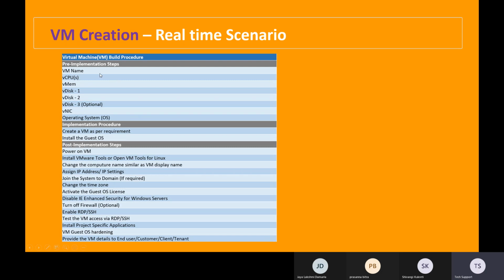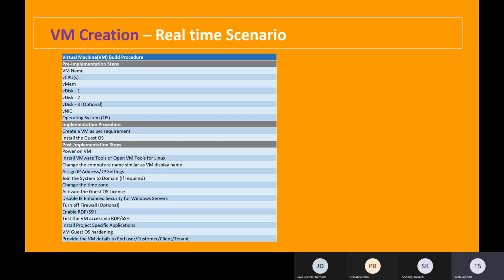We are creating one of the application servers. So the name normally will be HPE and it's an application server. First server, so we make it VM APP01. APP01 means it's one of the application servers. If you want to create a second application server in future, you can make it VM APP02. That is one example of a naming convention.